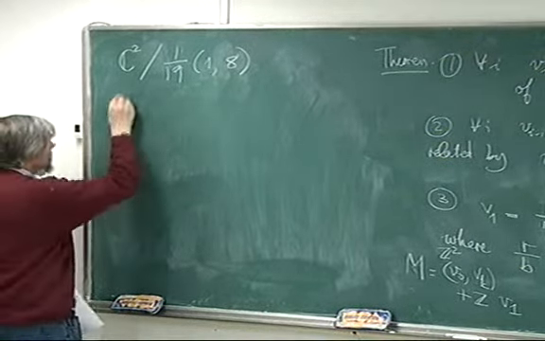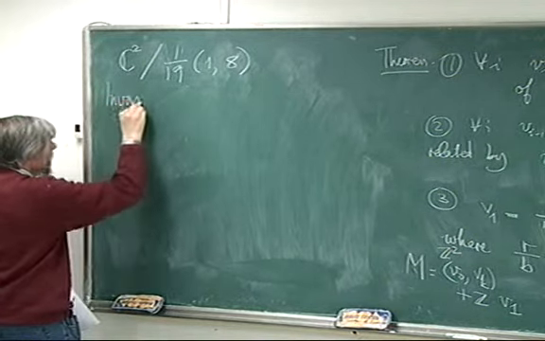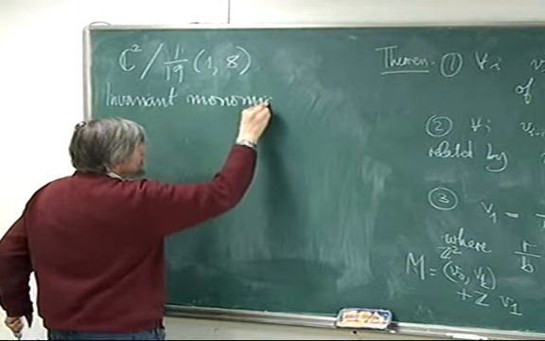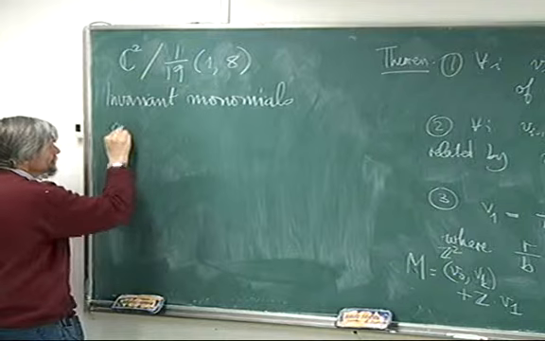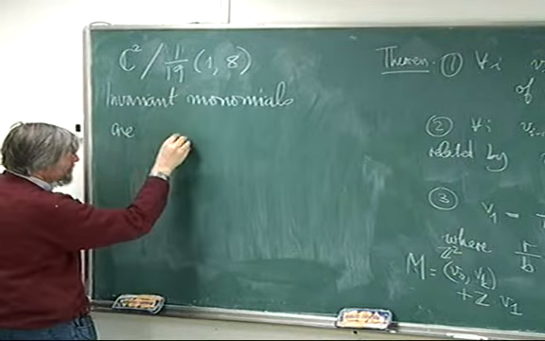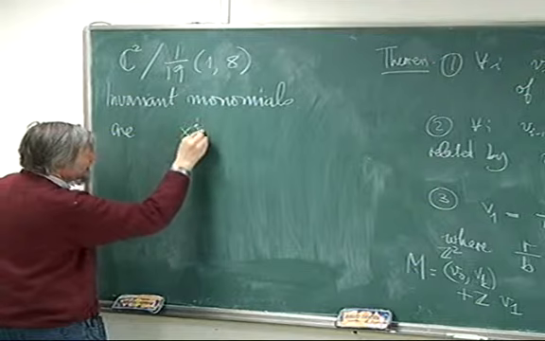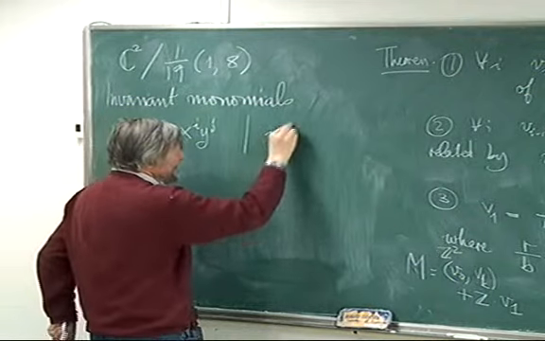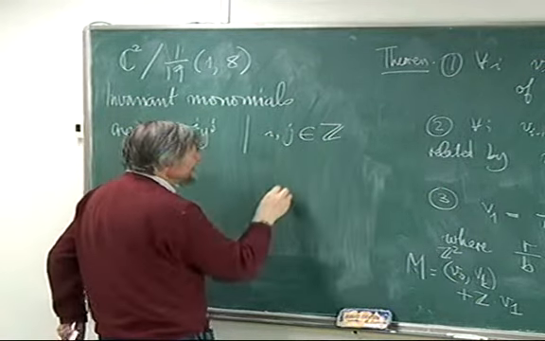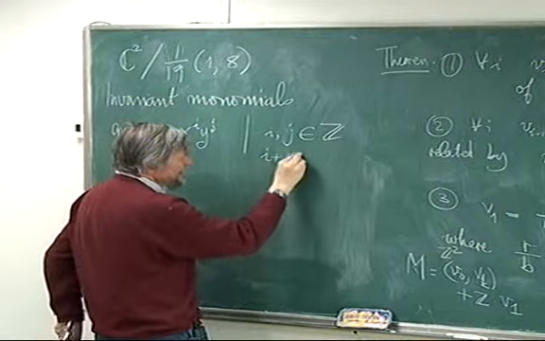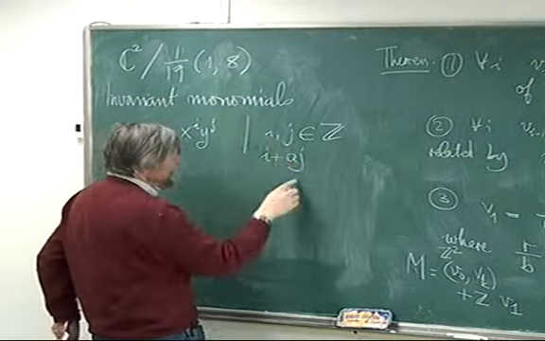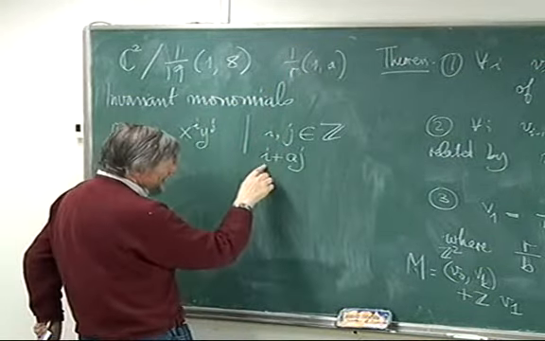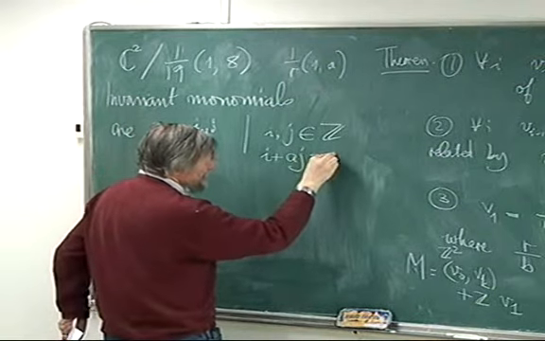And I say that the invariant monomials are of the form x to the power of i, y to the power of j, where i, j are integers, and i plus a j, this is 1 over r of (1, a), so i plus a j is divisible by r.